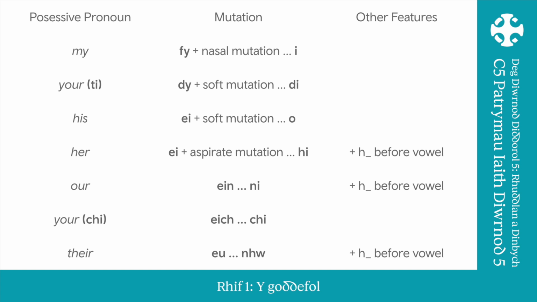Our, ein, ni, plus h before a vowel. Your, eich, chi. Their, ei, nhw, plus h before a vowel.